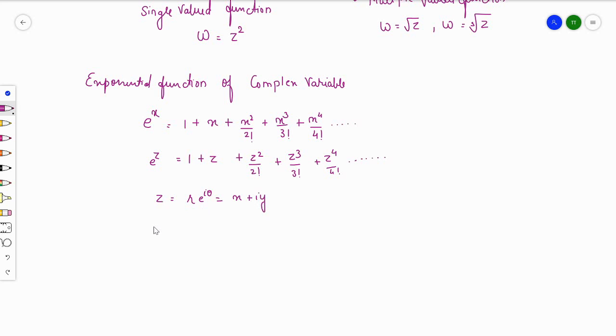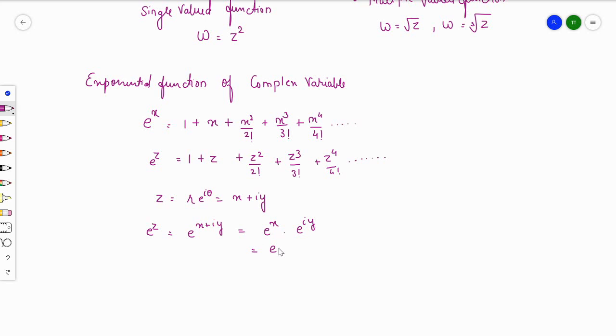Okay, now if I am writing e raised to power z, it means e raised to power x plus iy, and we can write it as e raised to power x dot e raised to power iy, because the same base is there. And now what is e raised to power iy?